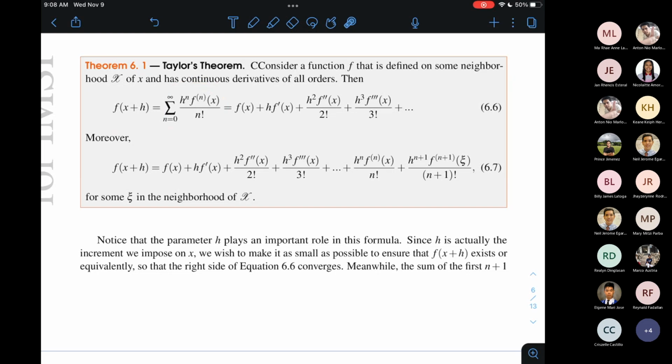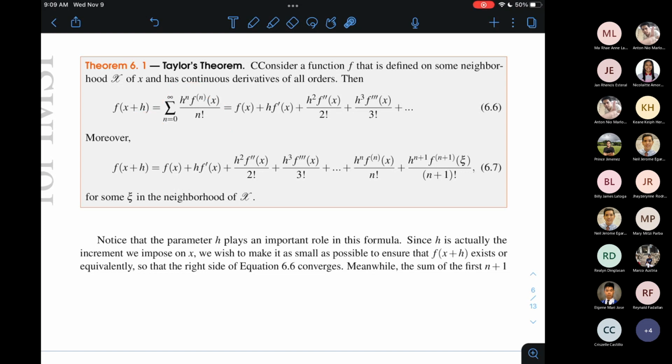It is the summation of h to the power n times the nth derivative of f evaluated at x all over n factorial, and you take the sum from 0 to positive infinity. All right? So ito yung Taylor series expansion, where h is, let's assume h to be a positive constant. So si h ay positive constant. So if h is small, then most likely this sum will converge, and this sum will converge to f of x plus h.